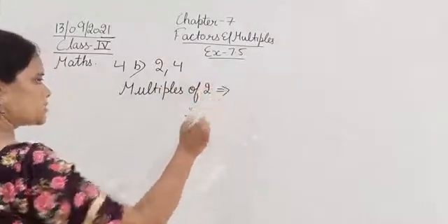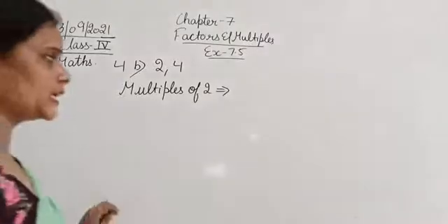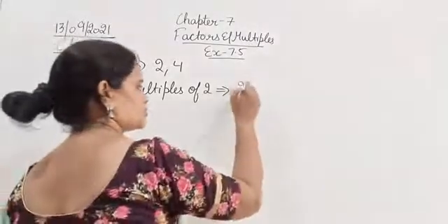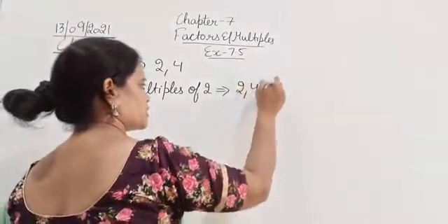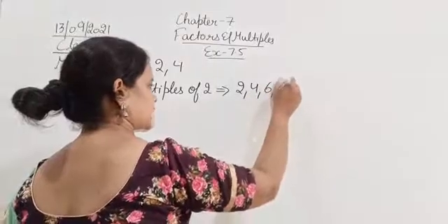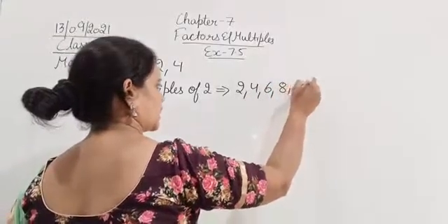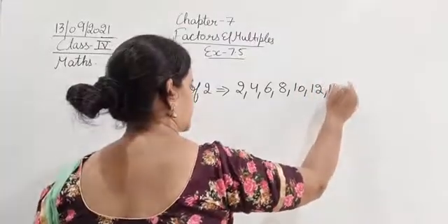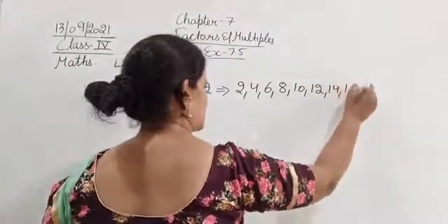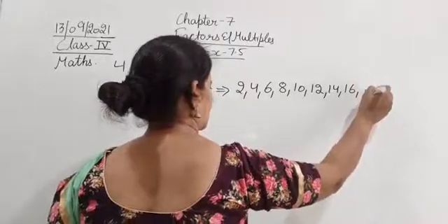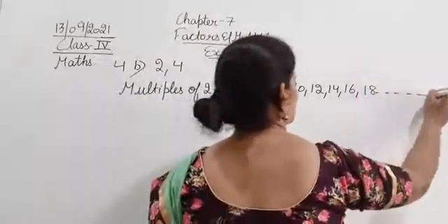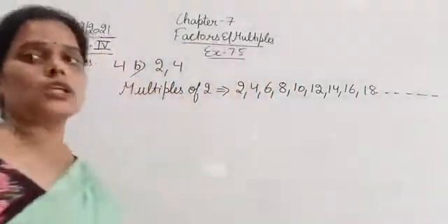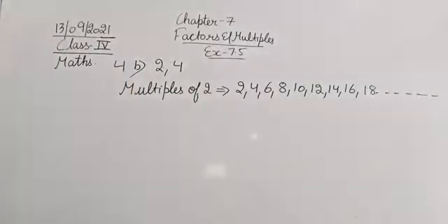What are the multiples of 2? That is 2, 4, 6, 8, 10, 12, 14, 16, 18 and so on.